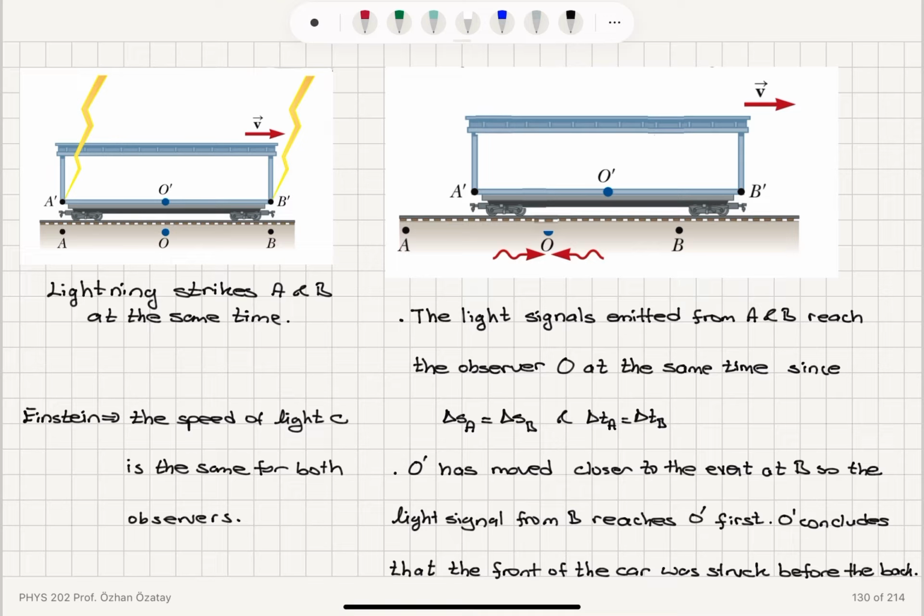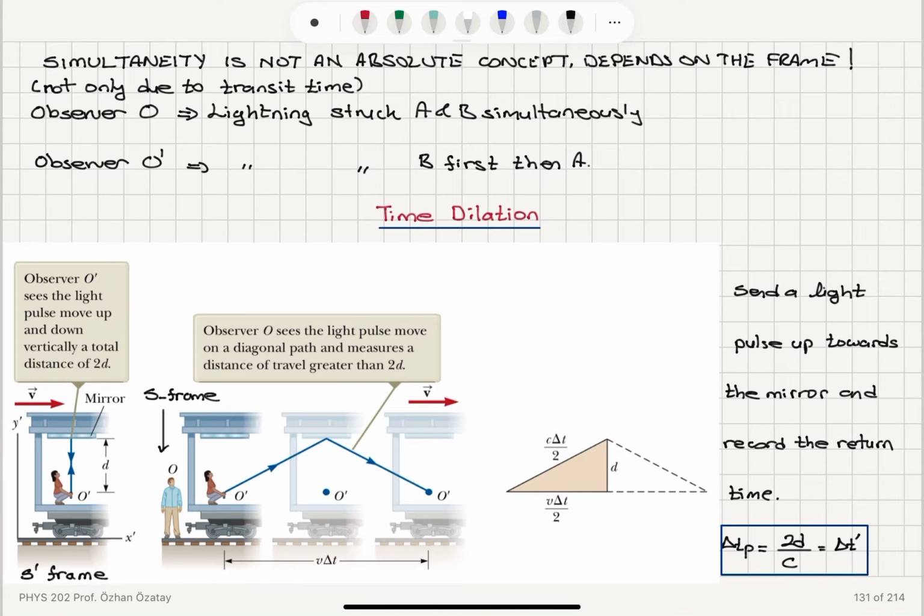So the front of the car was hit first and the back was hit next. This is a consequence of the speed of light c being the same in both reference frames. All right. So what does this tell us?